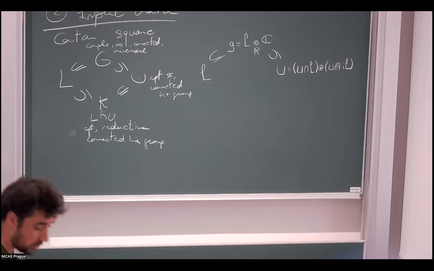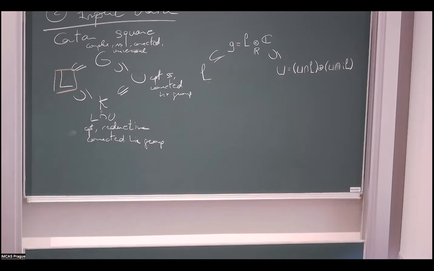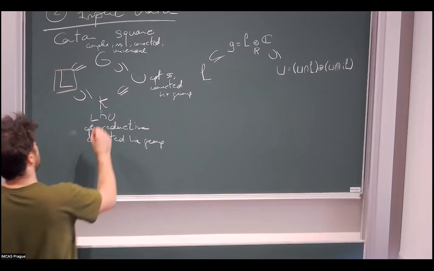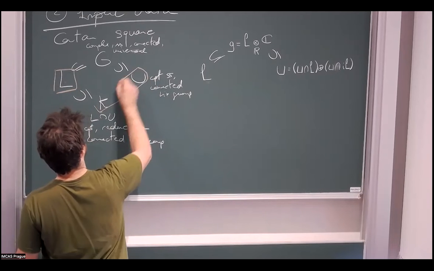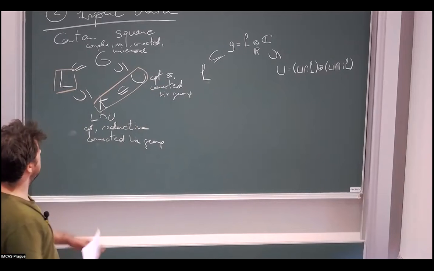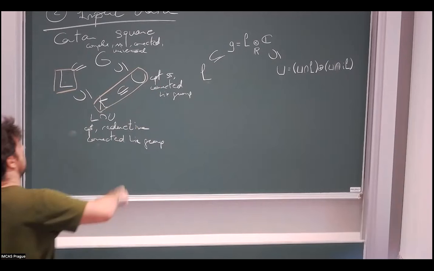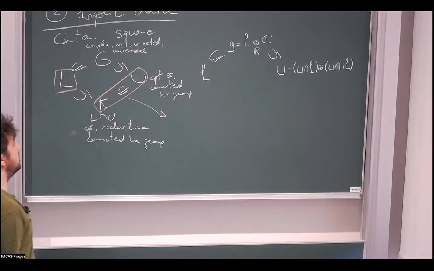So this Cartan square basically encodes the duality that you have between real Lie groups and Cartan pairs. So inclusions of compact Lie groups of a certain type, which basically encode some geometric data.